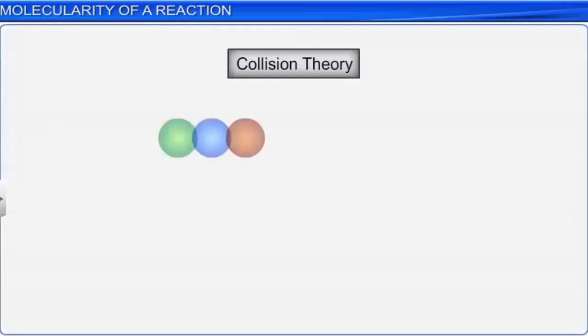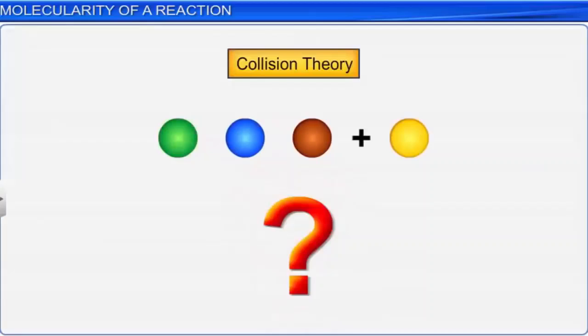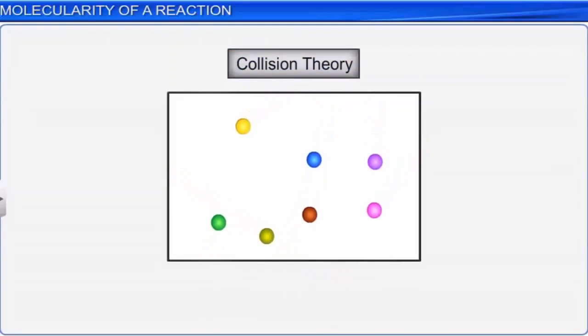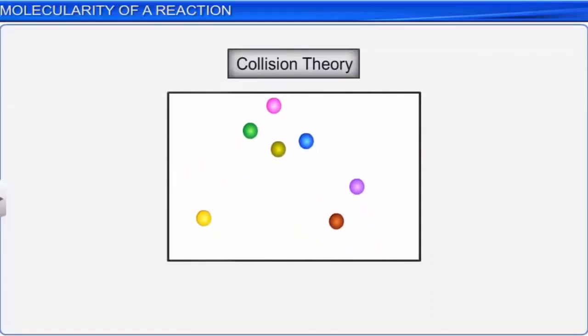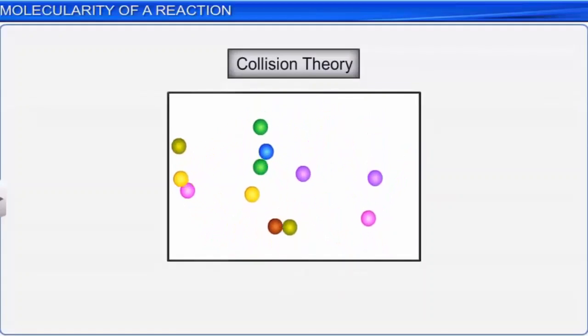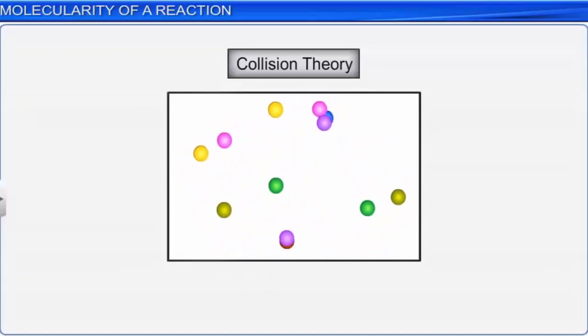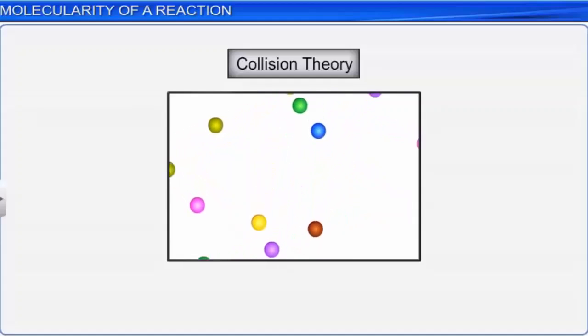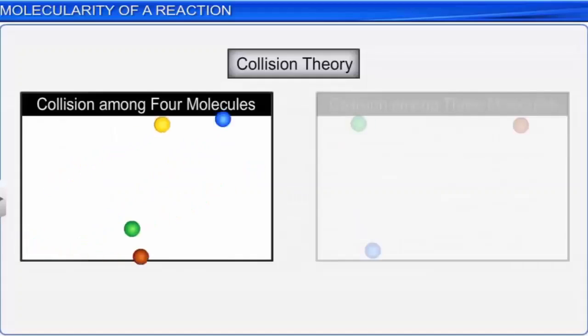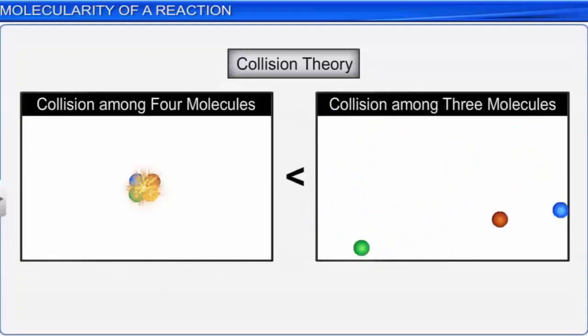Now let us understand how the collision theory explains the reactions which involve more than three molecules. Collision theory states that as the number of reacting species or molecules increases, the probability of simultaneous collision of reacting molecules decreases. Therefore, the possibility of simultaneous collisions between four molecules is much less than the possibility of simultaneous collisions between three molecules.